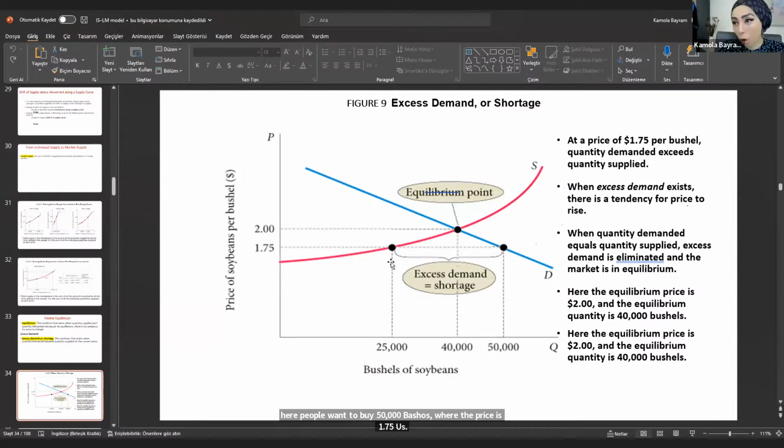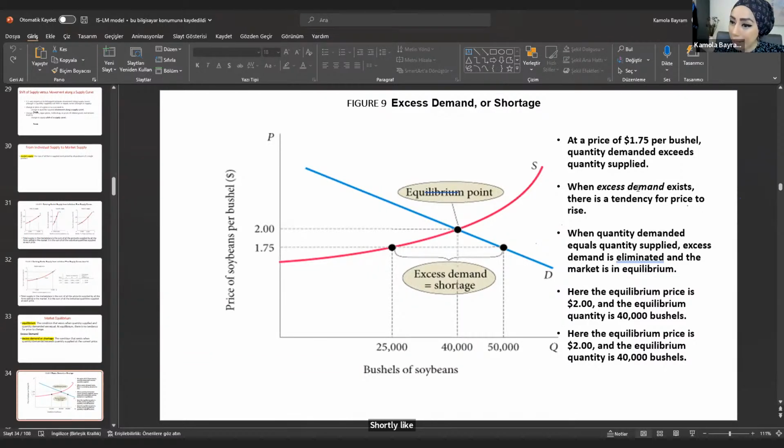However, the firms who produce this good are willing to sell just 25,000 bushels at 1.75. So this space illustrates the shortage. And the shortage here, we simply subtract 25,000 from 50,000, which is 25,000 bushels short, indicating a shortage of that good in that economy.